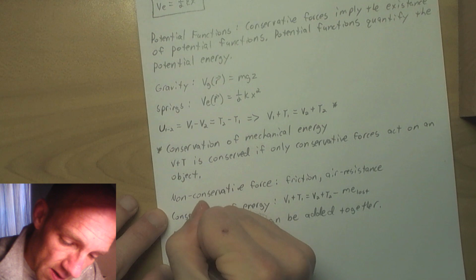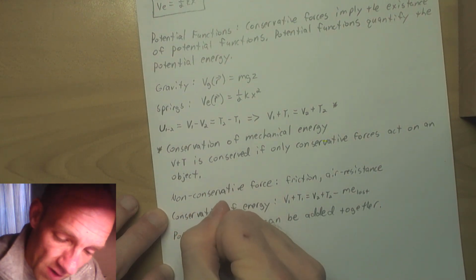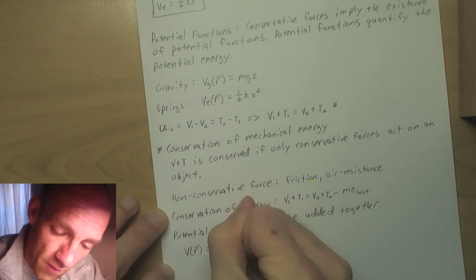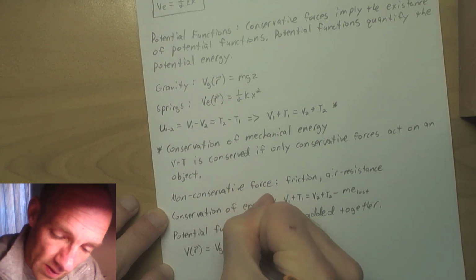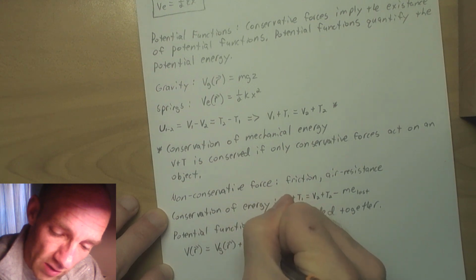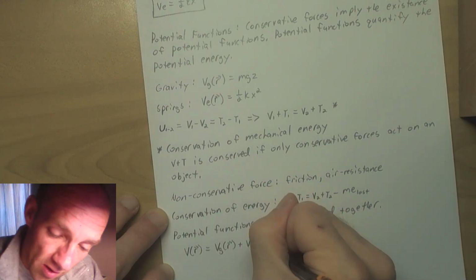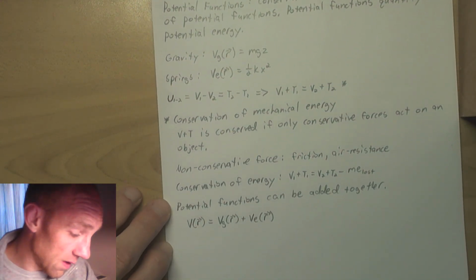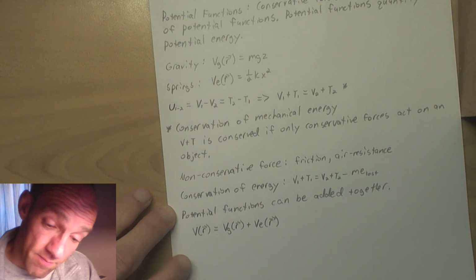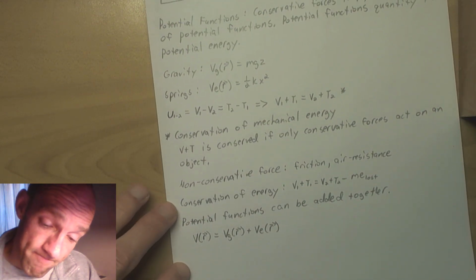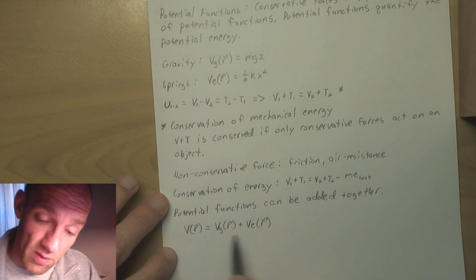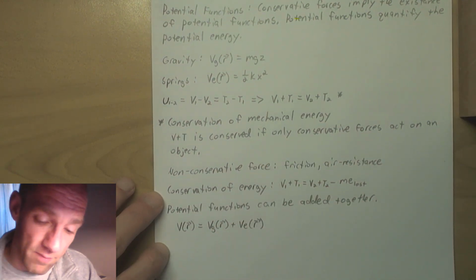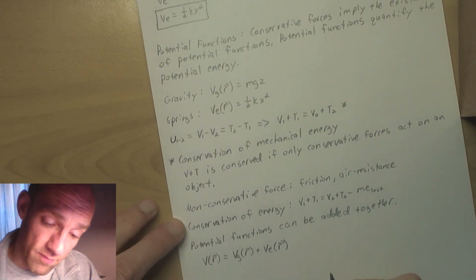So then the total potential energy of the object is equal to the sum of the gravitational potential energy at the same position plus the elastic potential energy at that same position. Okay. And so as you change position, you can keep account for this sum, and the same relationship applies. So you can add potential energies is the only upshot here.